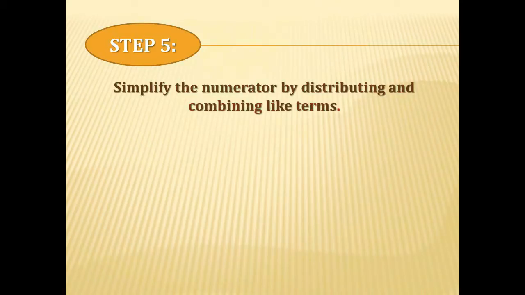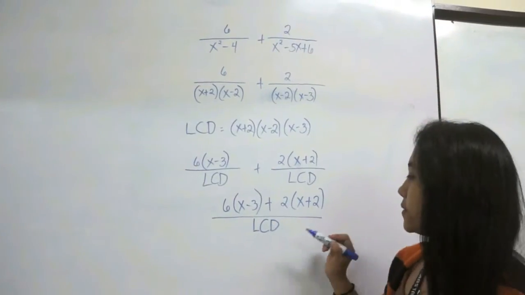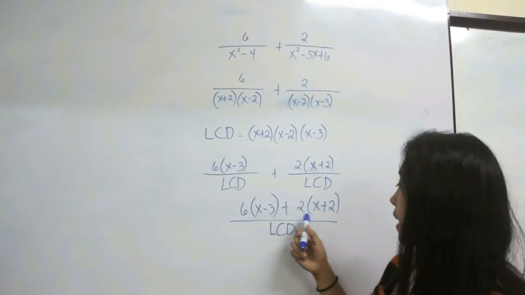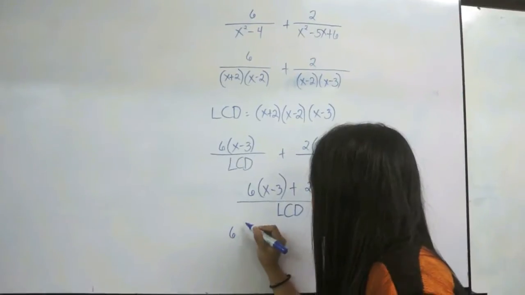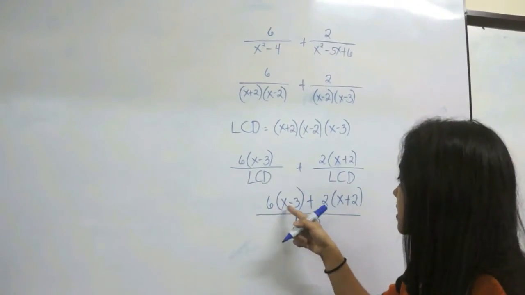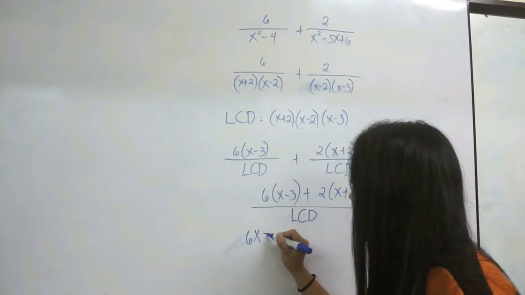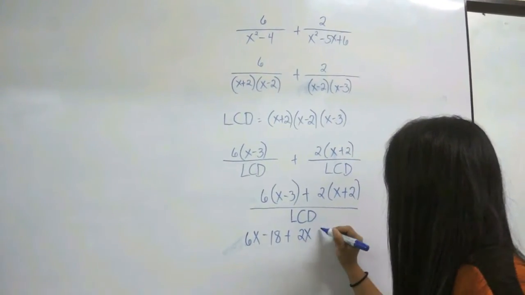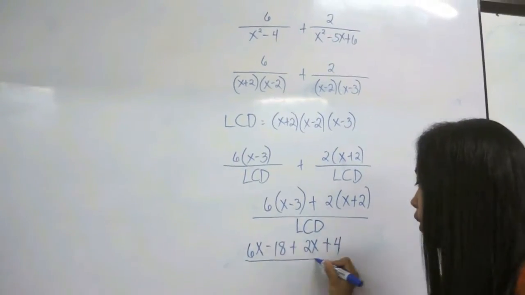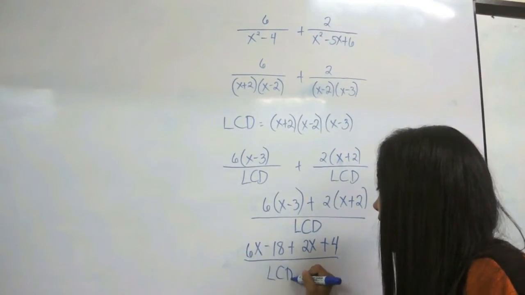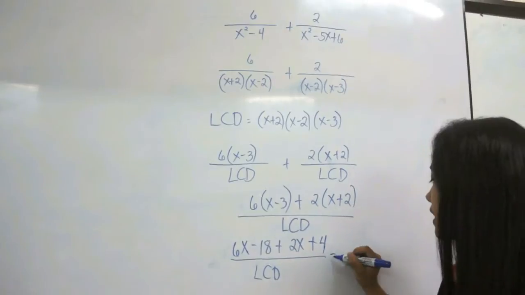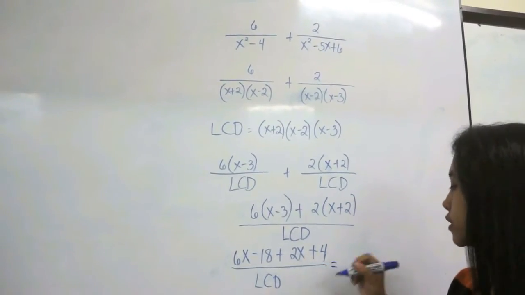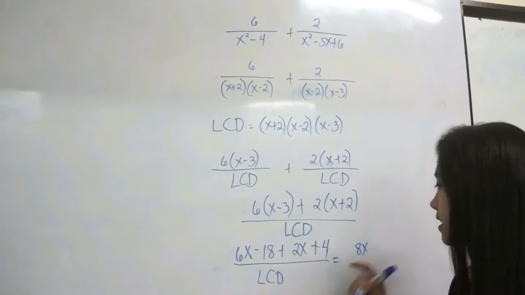Step 5. Simplify the numerator by distributing and combining like terms. We simplify the numerator by distributing. So 6x minus 18 plus 2x plus 4 over LCD. After we distribute, we combine the like terms. So 6x plus 2x is equal to 8x.